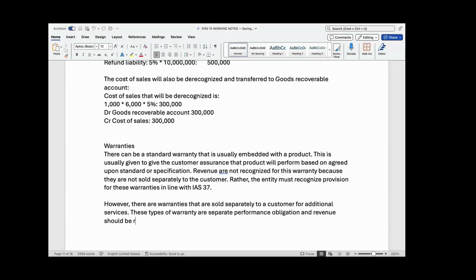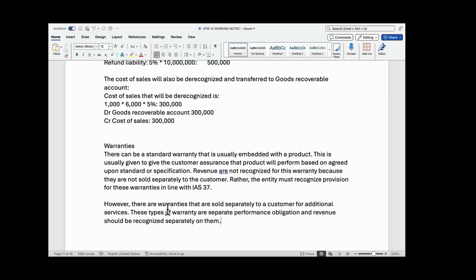Those are for the extended warranty or additional warranties that are sold separately to the customer.